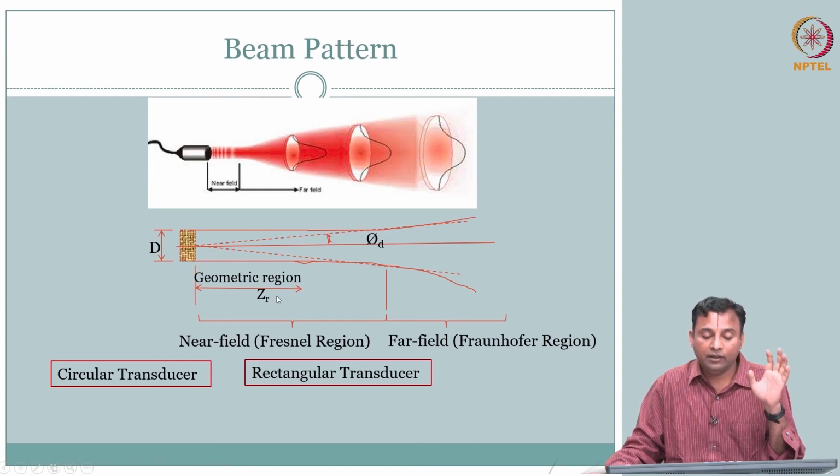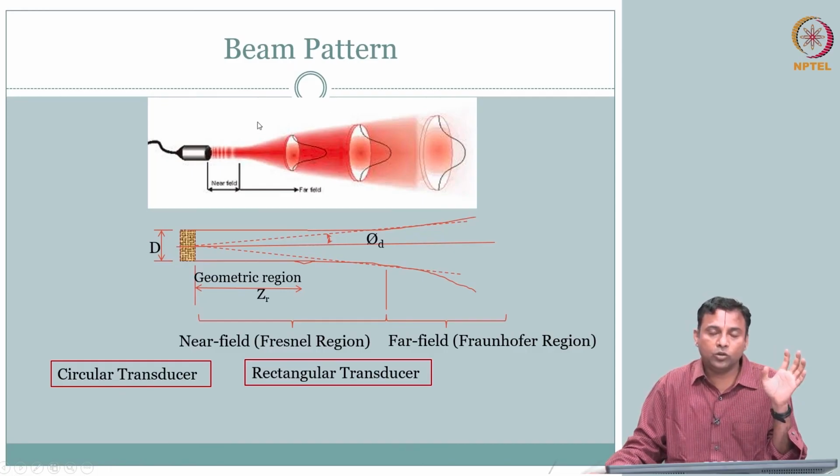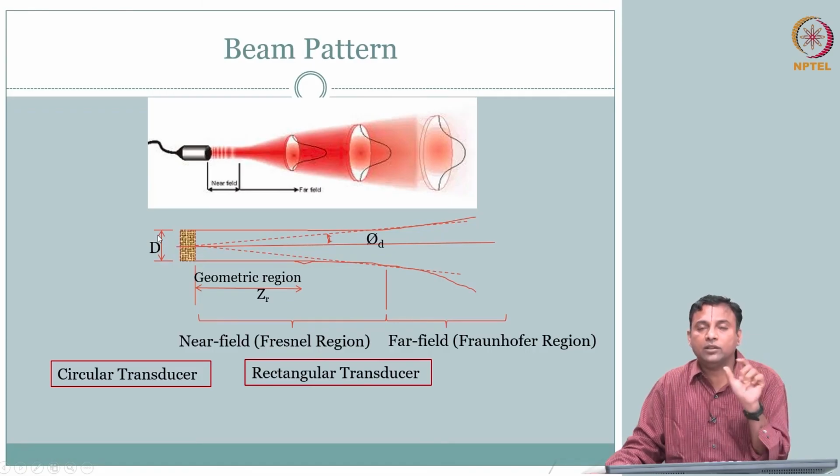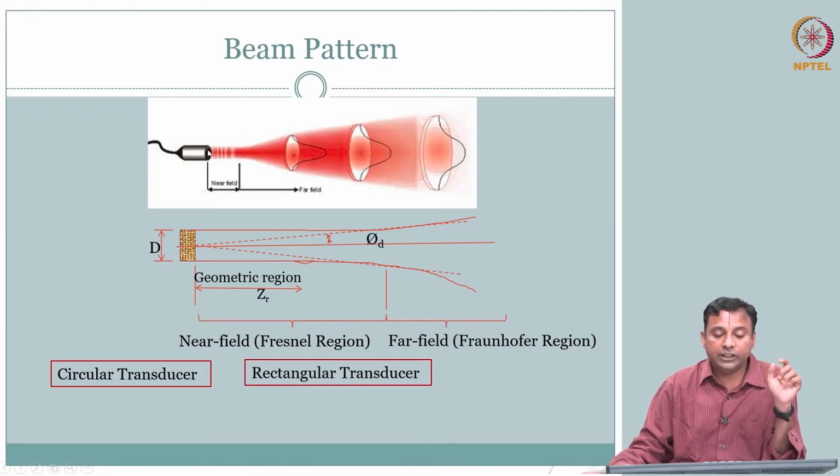Okay, so the behavior of the beam is different whether it is close to the transducer, which is near field, Fresnel region, or the Fraunhofer region, or far field. Also it depends on the shape of the crystal. The thickness controls the frequency, the shape controls your beam pattern.